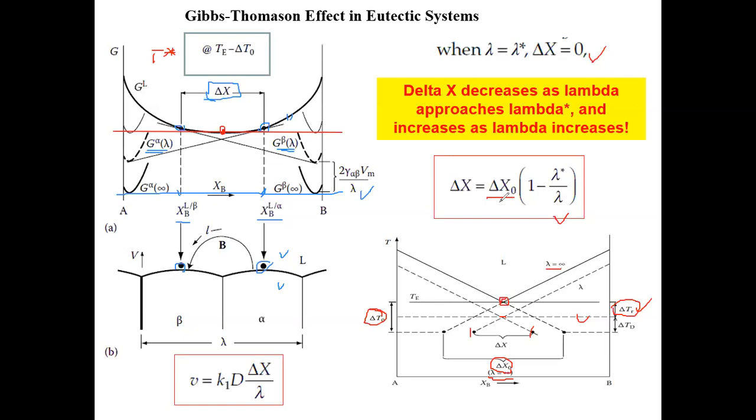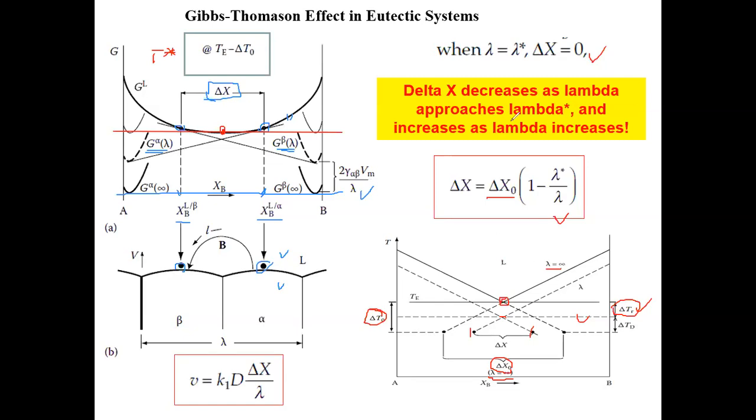You can clearly check this because if you plug in lambda going to infinity, the second term goes to 0, so you end up with delta X equals X naught. As lambda decreases, you have a smaller and smaller composition difference. When lambda equals lambda star, this ratio equals 1, so you have no composition difference at all. This is, again, a very familiar manifestation of the Gibbs-Thomson effect.